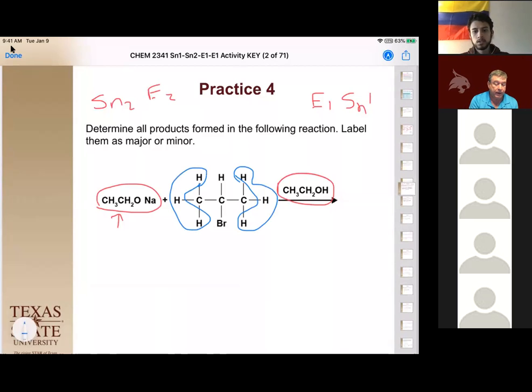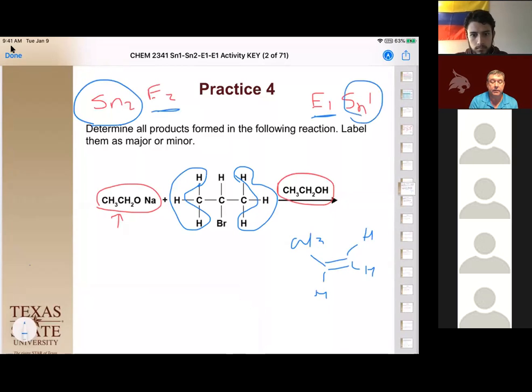So our E1 and E2 product is going to give us the same thing, CH3, H, H, H. And our SN1 and our SN2 product is going to give the same thing, which is going to be CH3, CH3. Okay, so these are our 2 products here.